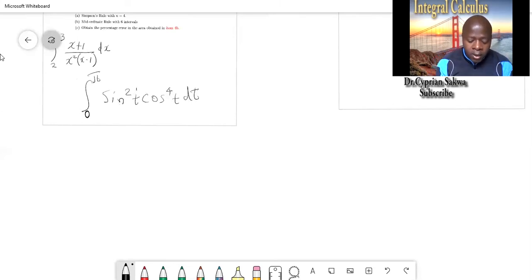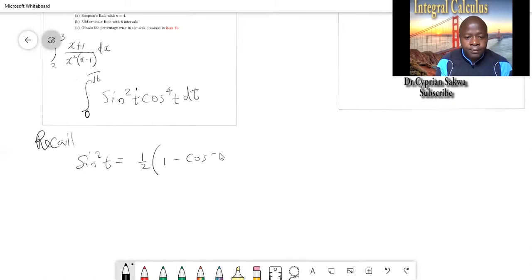So when the exponents are even, we need to recall the following from our trigonometric lessons. We recall that sine square t will be the same as a half into (1 minus cos 2t).